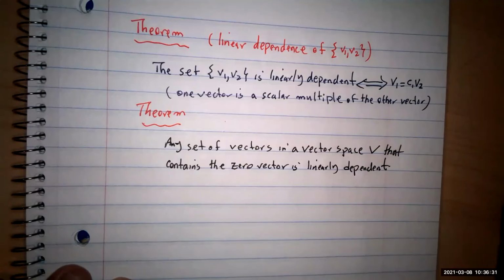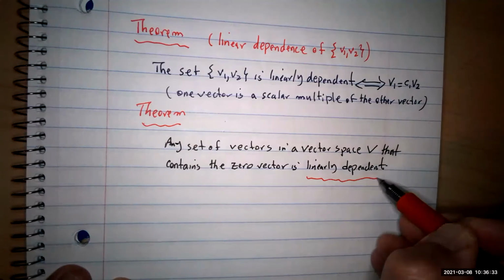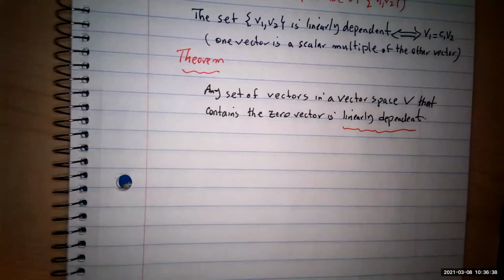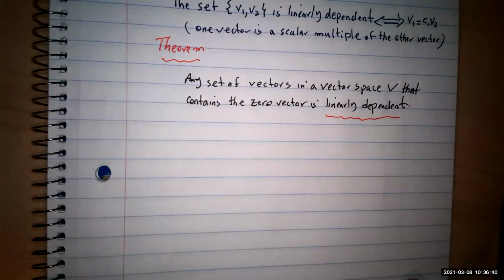As soon as you get the 0 in your set, that set cannot be linearly independent. If you get the 0, this means you can write one of them as a linear combination of the others. It's very easy to prove.